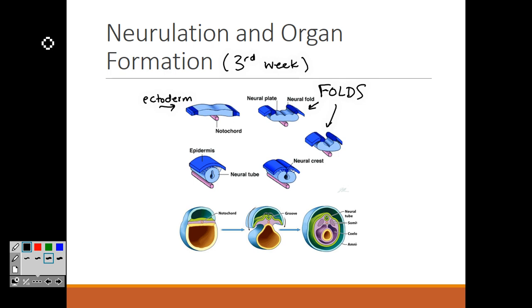The ectoderm folds so that you end up with two layers. One that's on the outside, the epidermis, so your skin, and one that's on the inside, the neural tube, which is going to eventually develop into the nervous system.